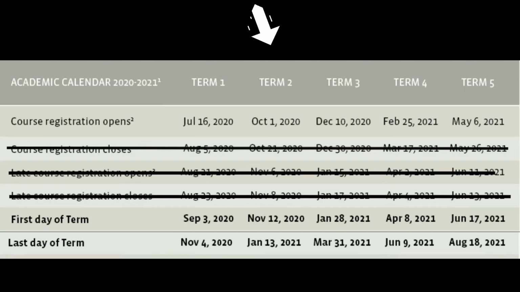So let's say you're a beginner, this is your first time with UoPeople, and you register on October 1st for term 2. That means that you will be starting on November 11th, and you will be ending on January 13th. There are 9 weeks per term.